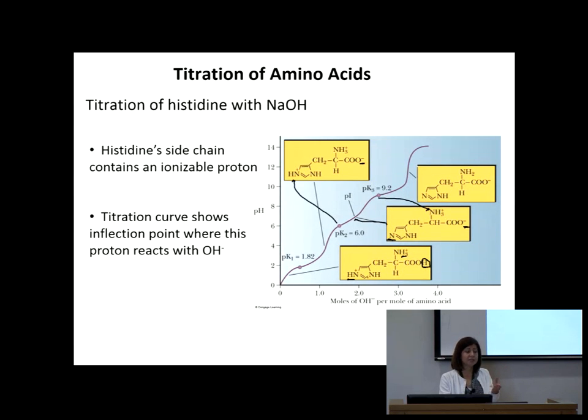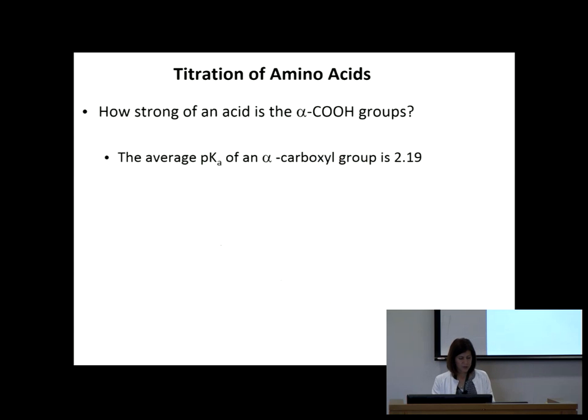If you're at pHs above it, then the proton's going to be off, whatever group it is. So we have our acidic acid group that is easily neutralized at low pH, our basic amine group that requires a higher pH to deprotonate, and we have side chains that are ionizable.